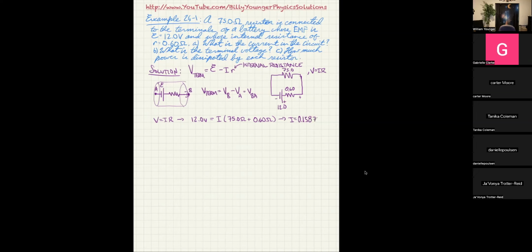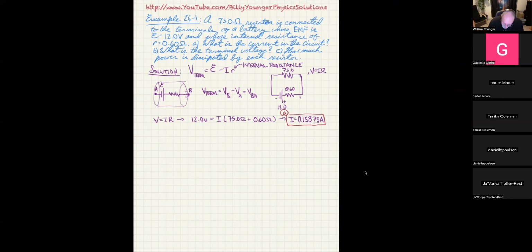And I'll carry 2 extra sig figs if I need it. And that's 73. And this would be amps. So you're looking at about 159 milliamps is what the current is. So we've got that. That's part of what they asked for in part A is what is the current in the circuit. Actually, that's the whole thing they asked for in part A. So I'll put a part A there.